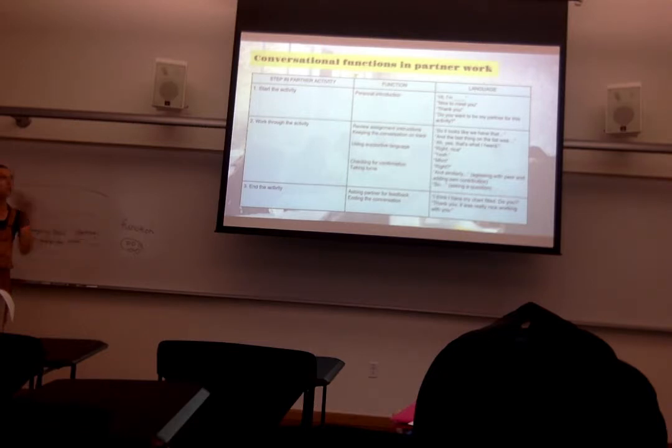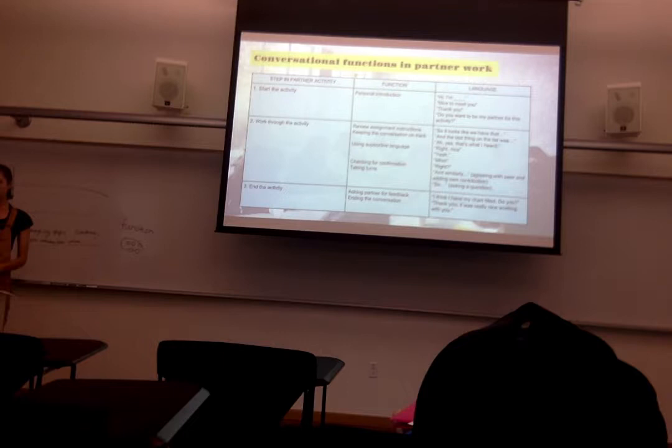Could I ask you to read the next one on the list under function after keeping the conversation on track? Using supportive language. Nice. And checking for confirmation, taking turns, asking the partner for feedback, and ending the conversation.